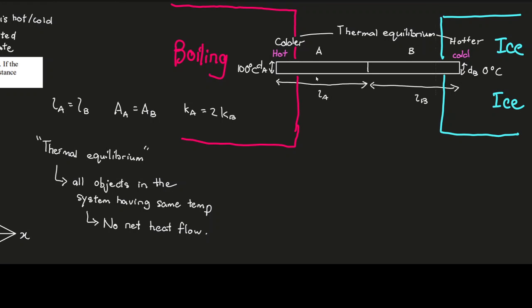So the thing is, this boiling tank here is constantly being filled by heat. Fire! It's constantly being filled by heat. So constantly you are transferring heat energy into the system.